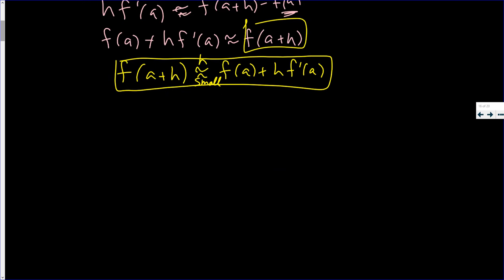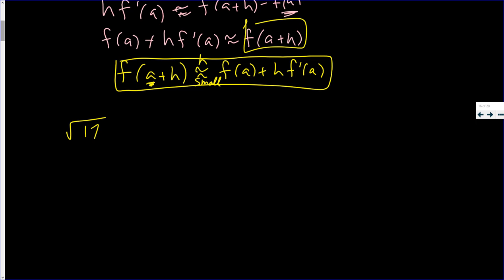So suppose we want to know the square root of 17. Now, the game is you want to pick an a closest to 17 that you know the square root of. So I'm going to let a be 16 because I know the square root of 16. And I'm going to let h be 1.